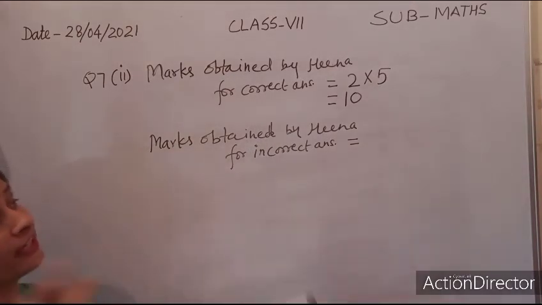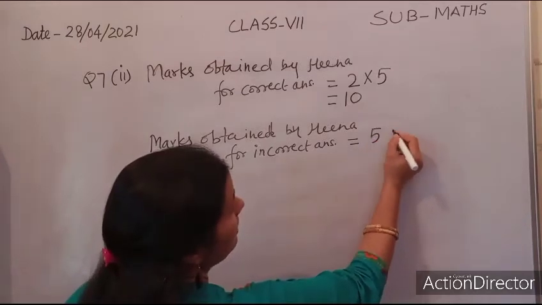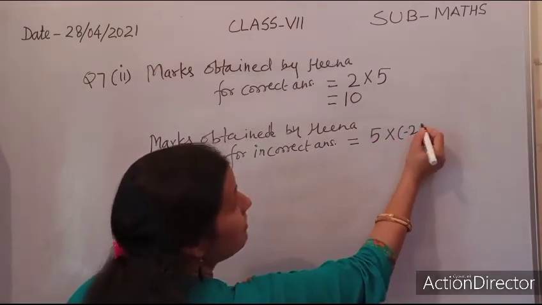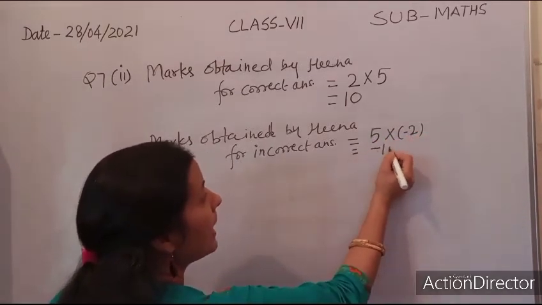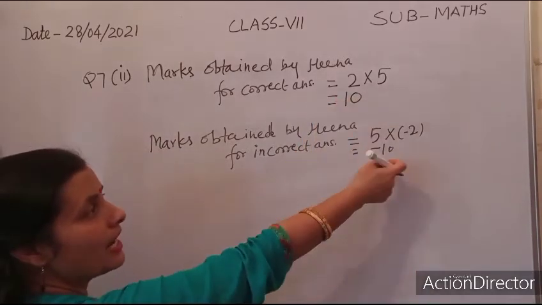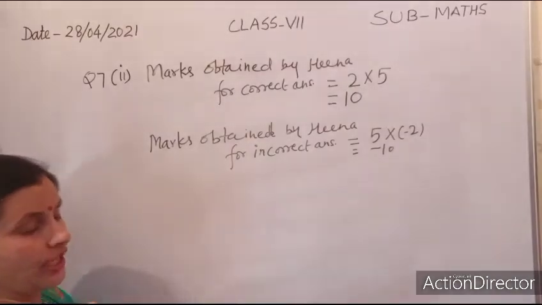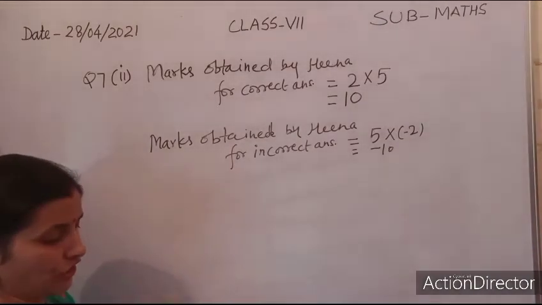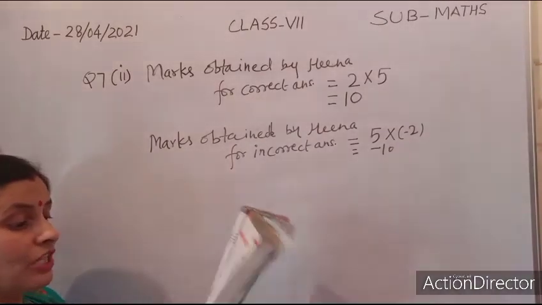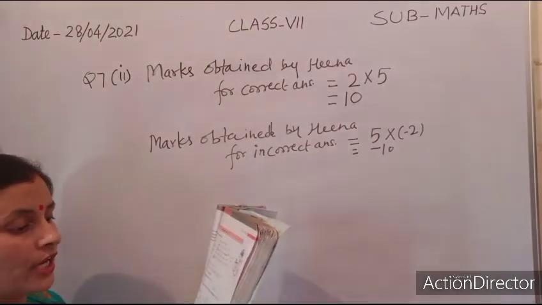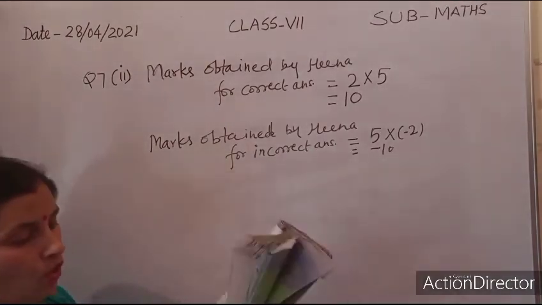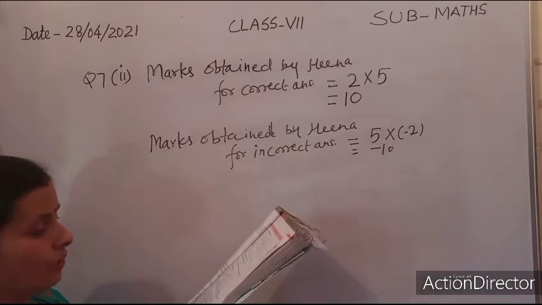She has done 5 incorrect. It means 5 multiplied by minus 2 equals minus 10. Now, she has attempted only 7 questions. It means she left 3 questions. Here it is given, if the child does not attempt a question, that child will get 0. Okay, so she left 3 questions.